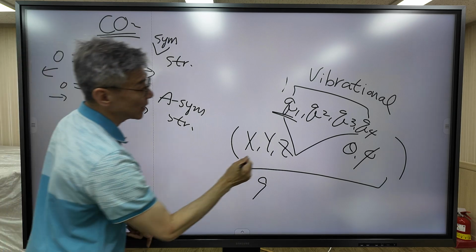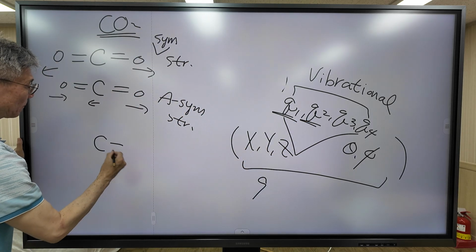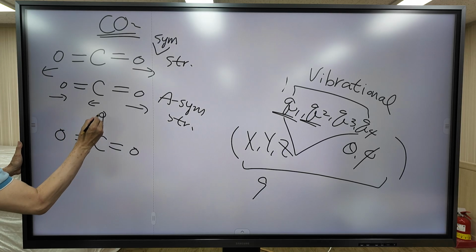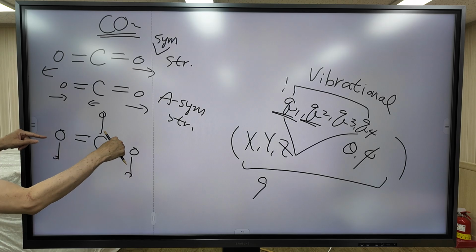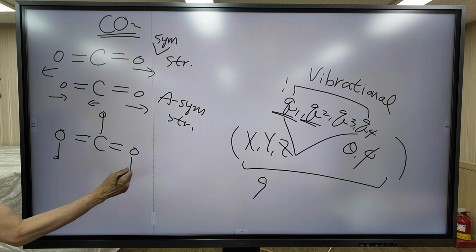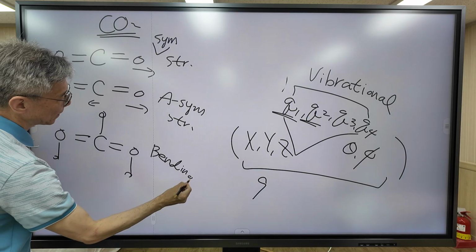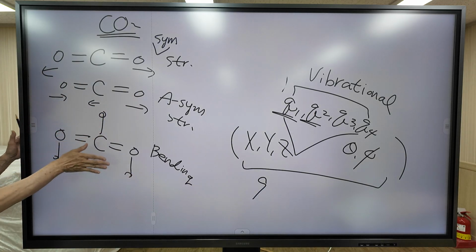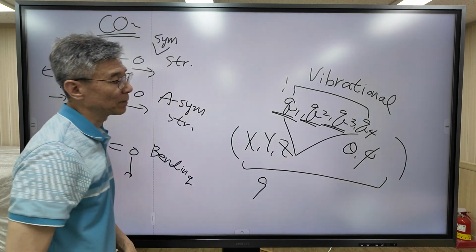It is designated as Q2. And finally, in this vibration, the carbon atom moves upward, the oxygens at both ends move downward. This type of vibration is called bending. In this bending motion, all the atoms move in the plane. This vibration is called Q3.